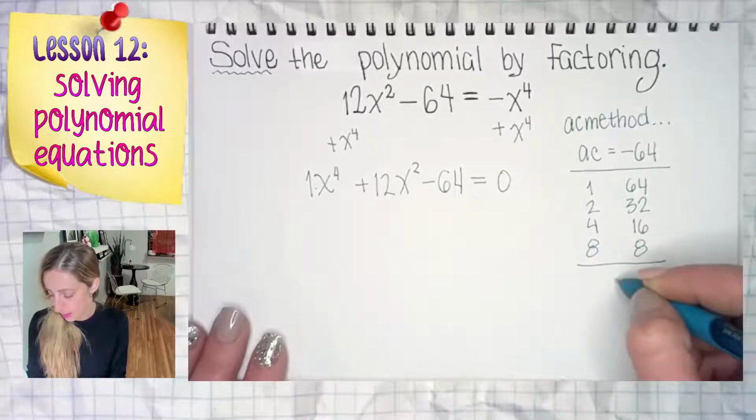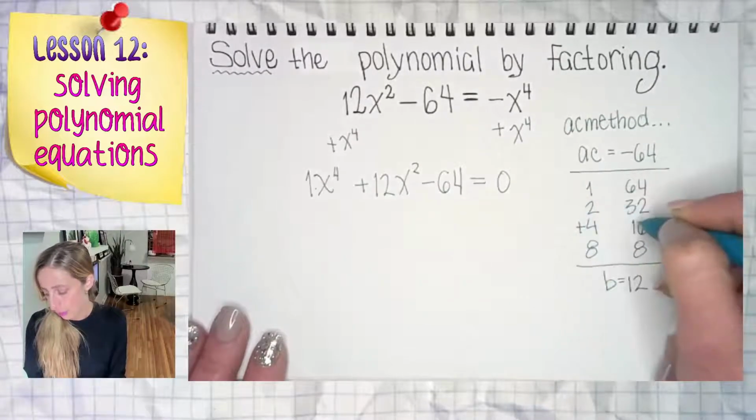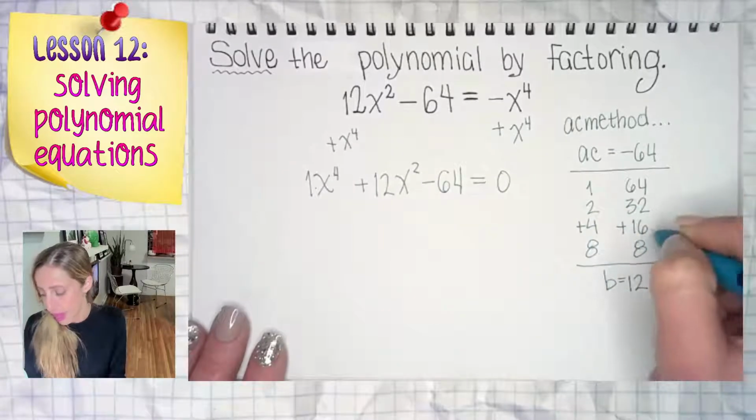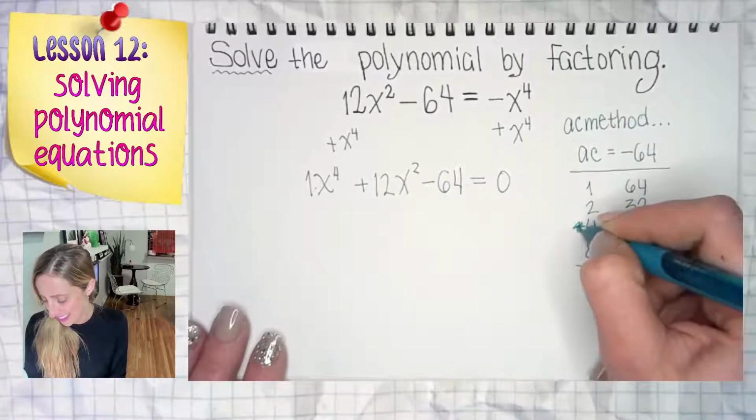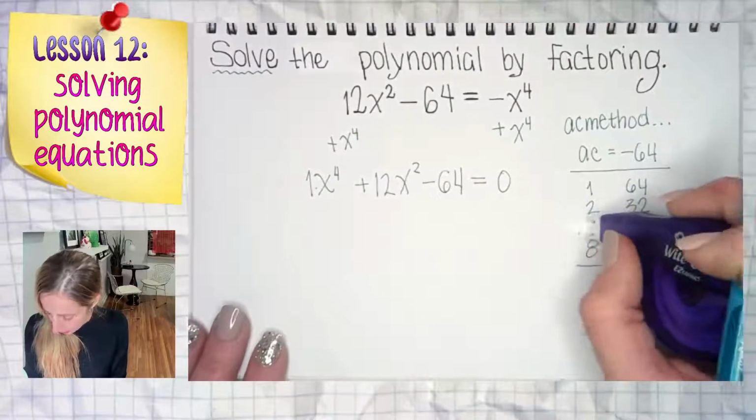Bottom of the list, B equals 12. Which pair? Positive 16 and negative 4. Got a little overly eager.